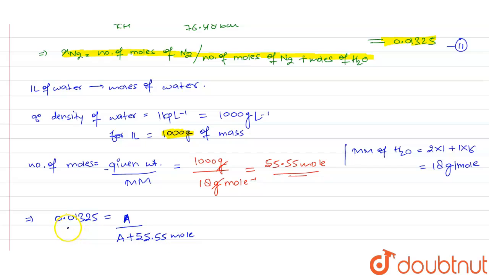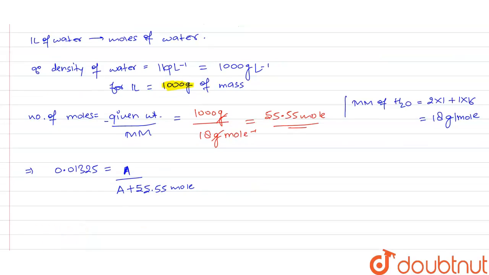And now we have to cross multiply it. So we will get 0.01325 A plus 55.55 multiplied by 0.01325 is equal to A, making A the subject.